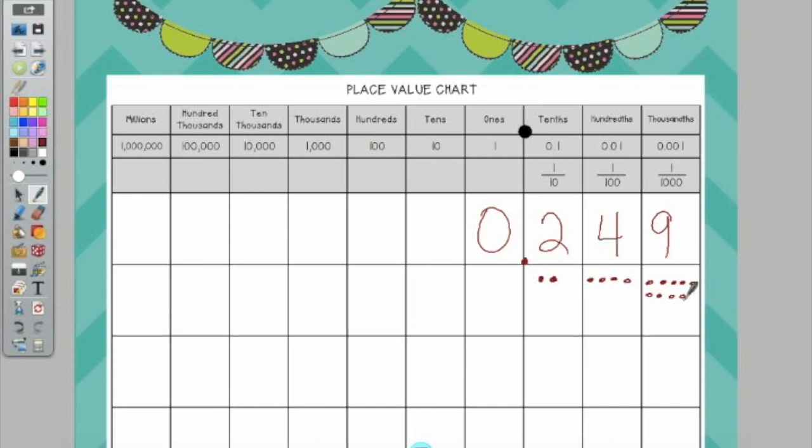And then here's what we said. 2 copies of 1 tenth. 4 copies of 1 hundredth. 9 copies of 1 thousandth. And then, what did we do after that? We did the decimal. We switched the fractions to decimals.